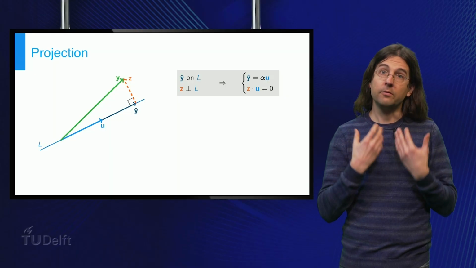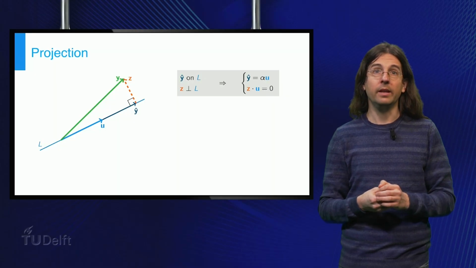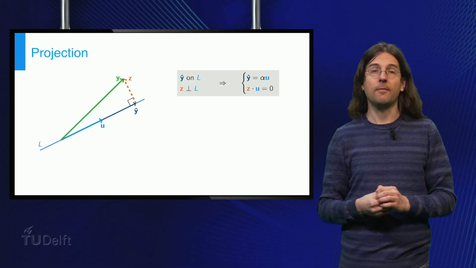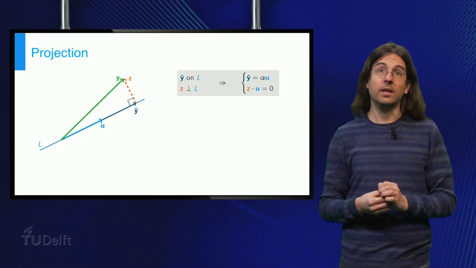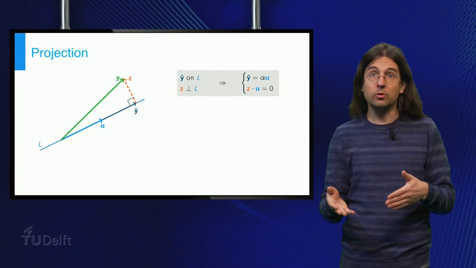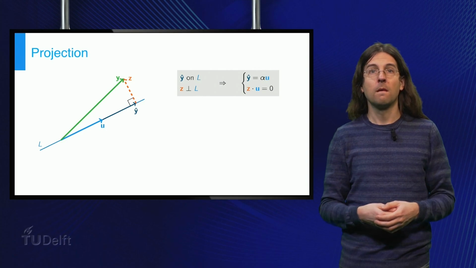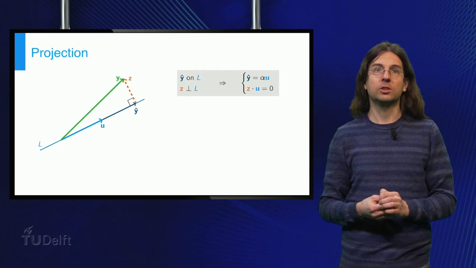Secondly, the vector z from the endpoint of y hat to the endpoint of y is orthogonal to the direction of the line. As u is a vector in the direction of this line, we need the dot product of z and u to be 0. If we can find the value of alpha, we know what the projection vector is.